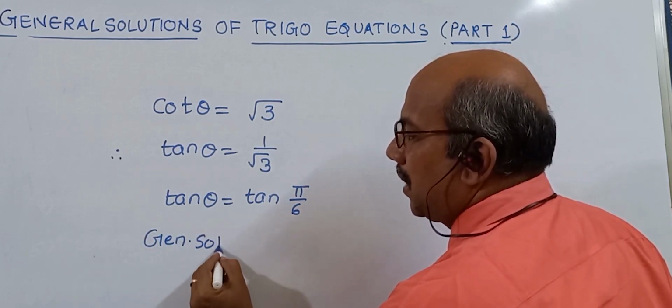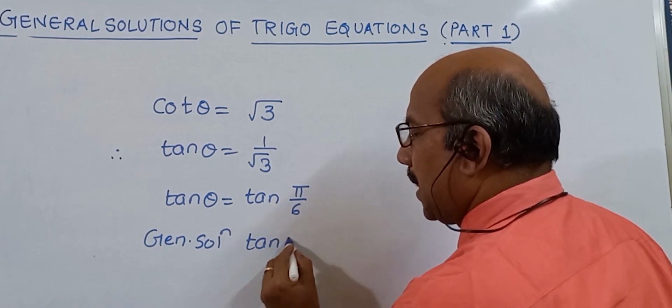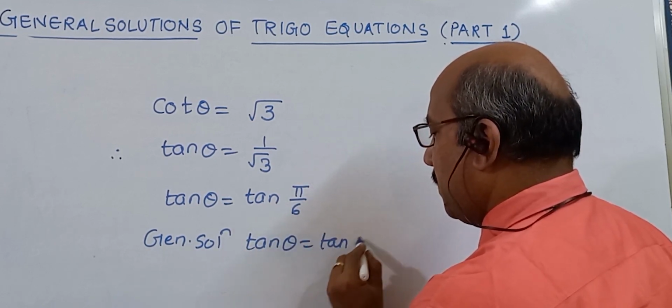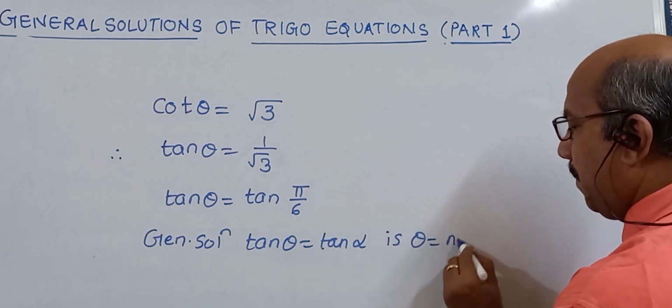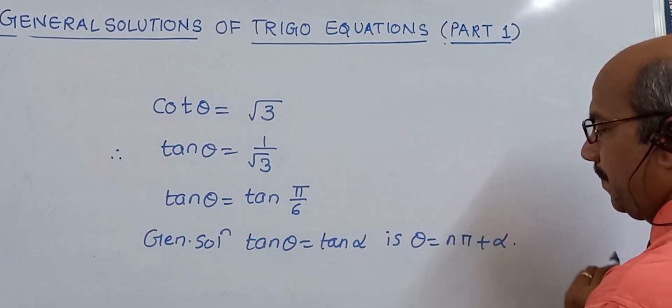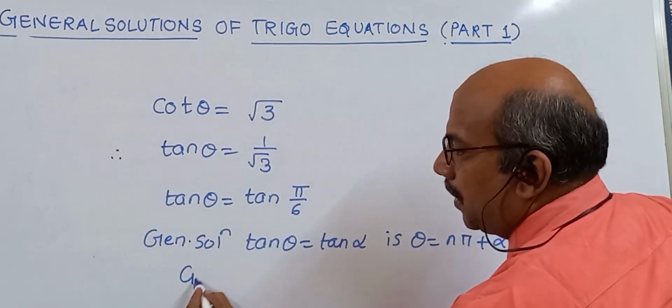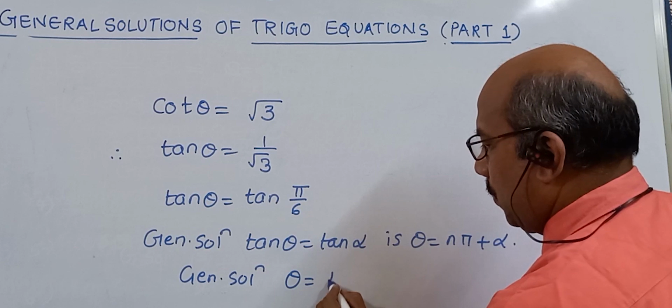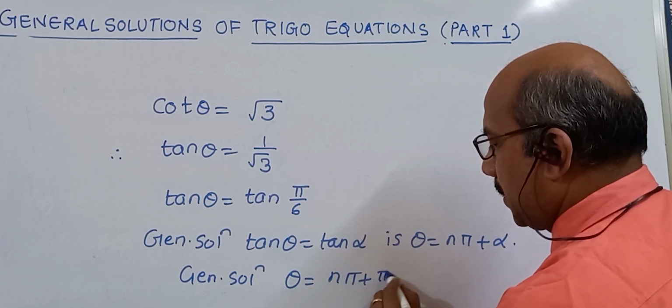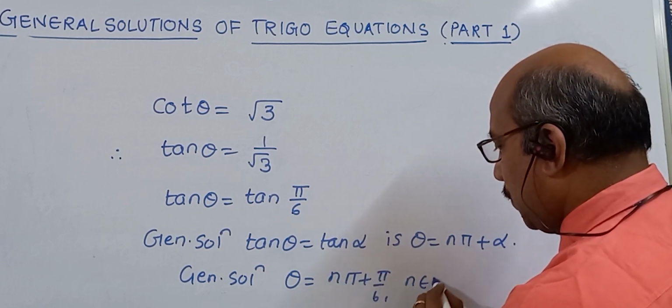General solution: tan theta equal to tan alpha is theta equal to n pi plus alpha. So therefore the general solution here is theta equal to n pi plus pi by 6, n belongs to the set of integers.